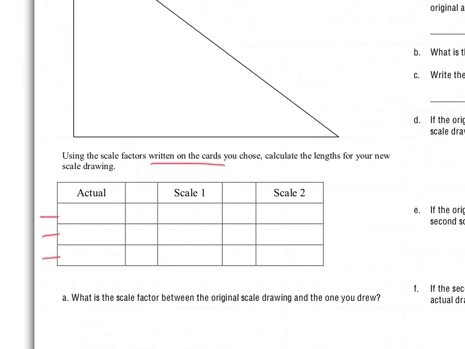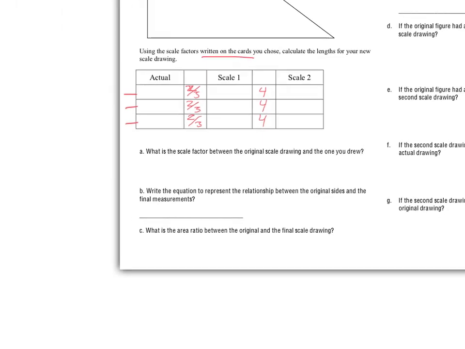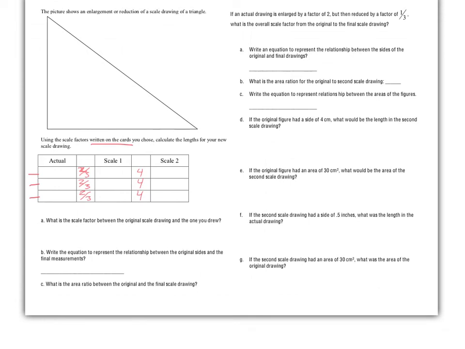The first scale factor will be 2/3, and the second scale factor will be 4. That's all the information I needed to give you to get you rolling. So go ahead and pause the video, complete the rest of the partner work time, and then you can put it back on to check.